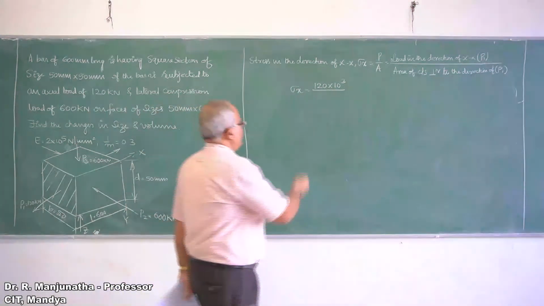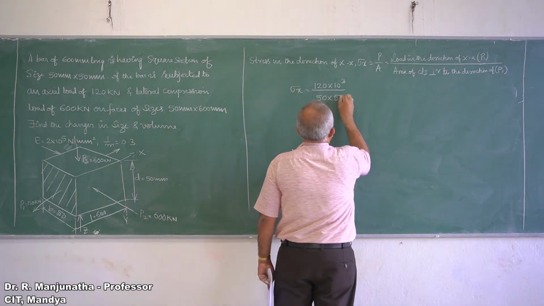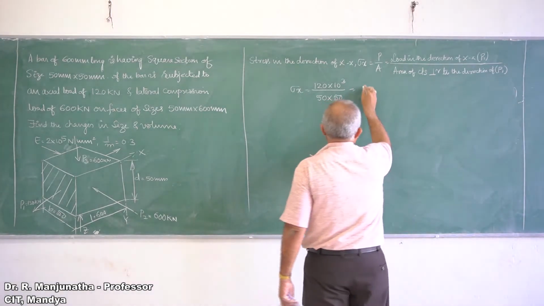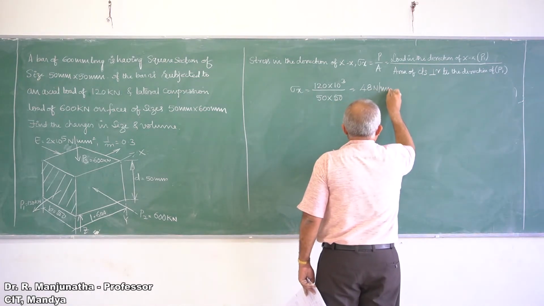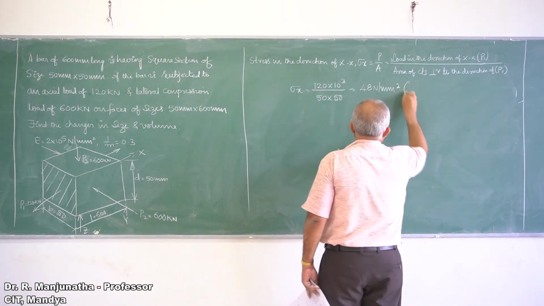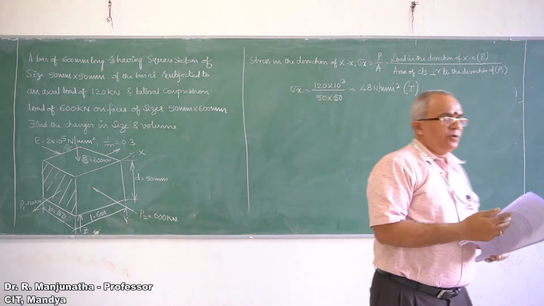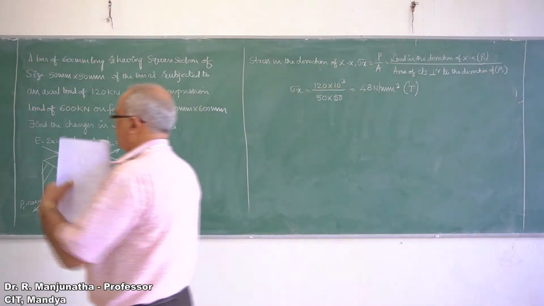So that will be equal to 48 Newton per mm square. So this is the stress. Since the load is along the direction, it is a tensile load, so it will be a tensile stress.